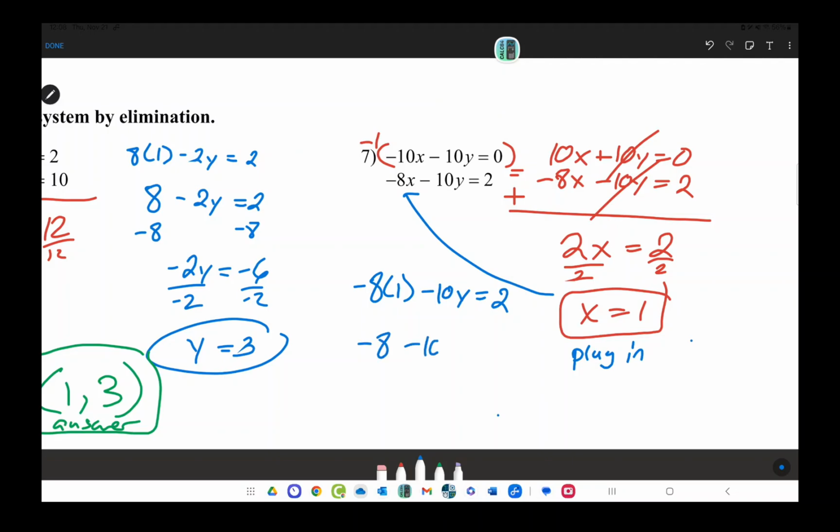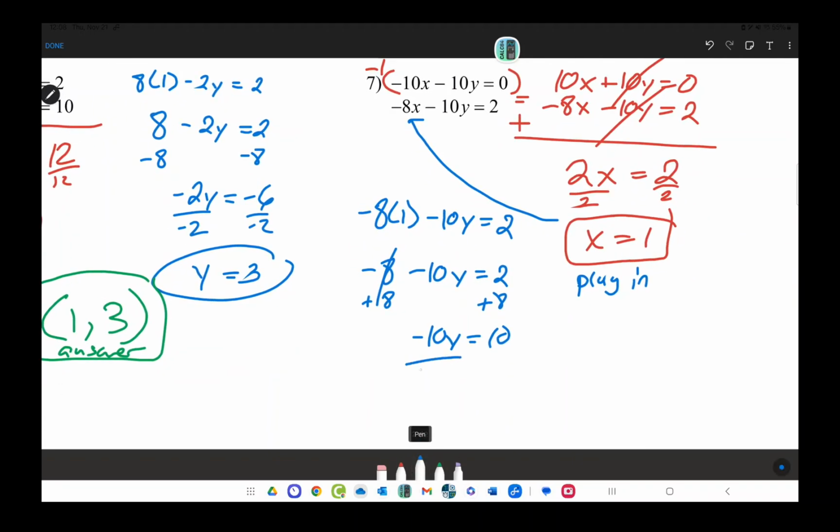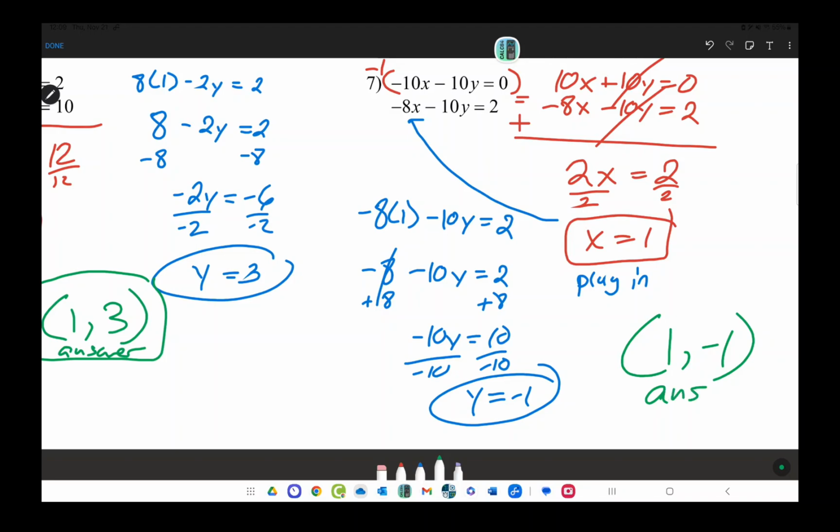Negative 8 minus 10y equals 2. Add 8 to cancel that out. Negative 10y equals 10. And divide by negative 10. Y is negative 1. 1, negative 1 is my answer.